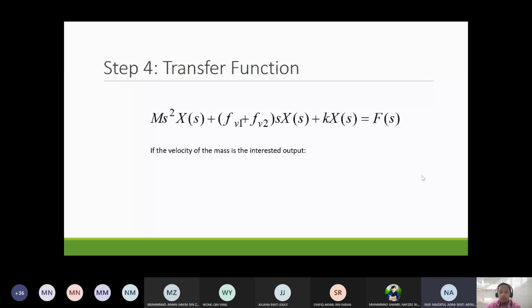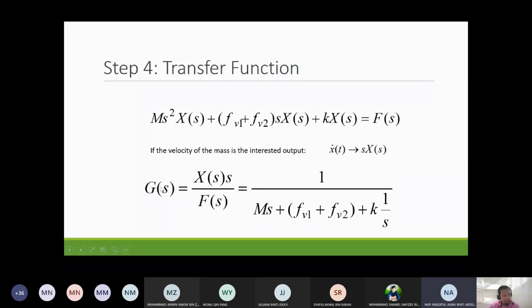And if you are interested in finding the velocity, so you want to find x dot or sX(s), the transfer function becomes X(s) times s over F(s), and you just rearrange the equation to get the transfer function.